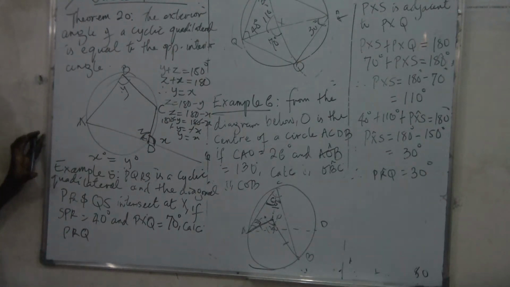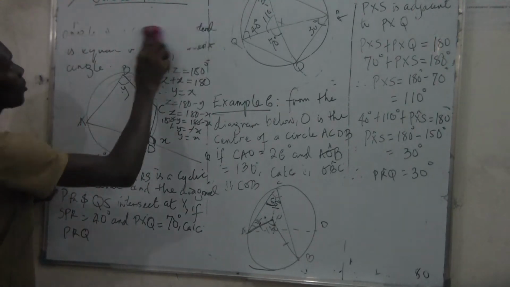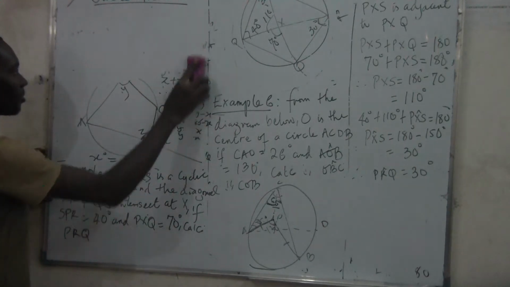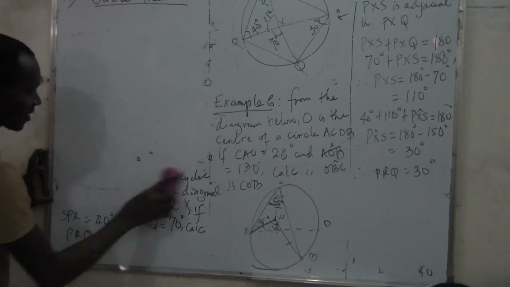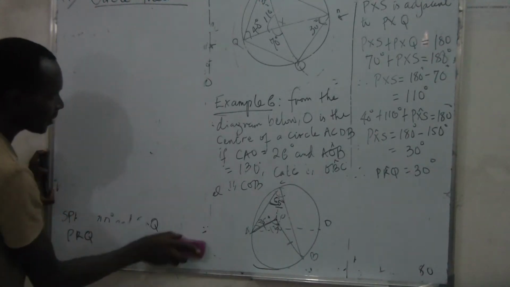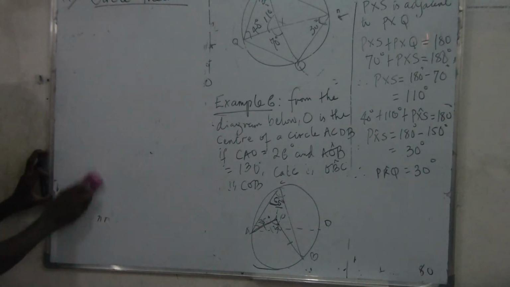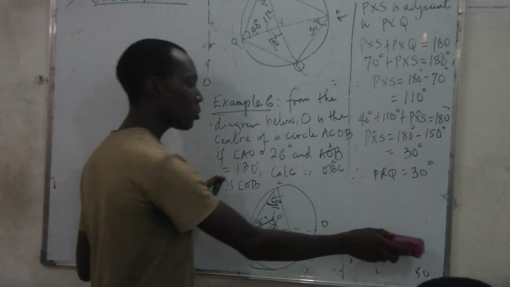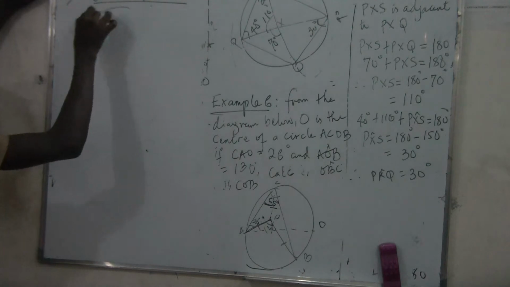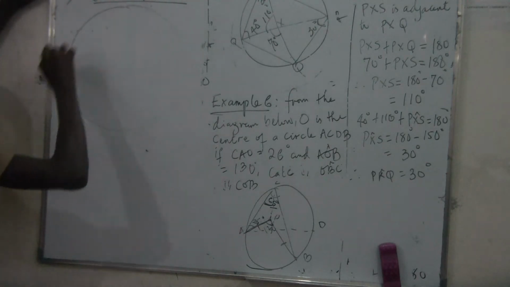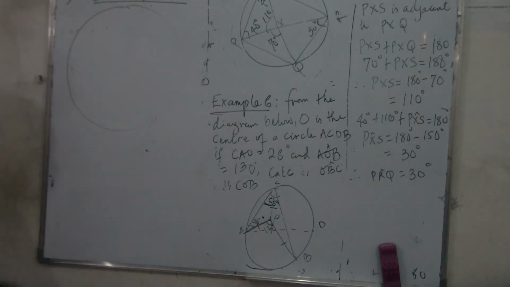Permission so I can wipe it off. Okay, so let's make the diagram bold and clear. So we'll take the diagram again here to make it more visible.